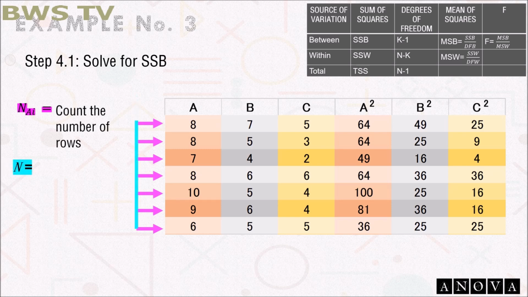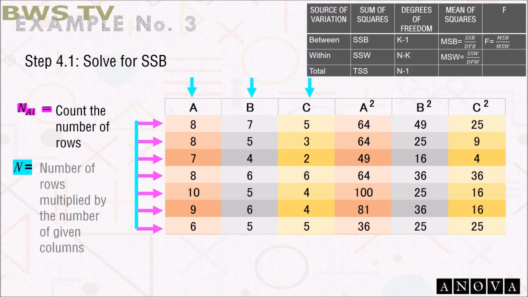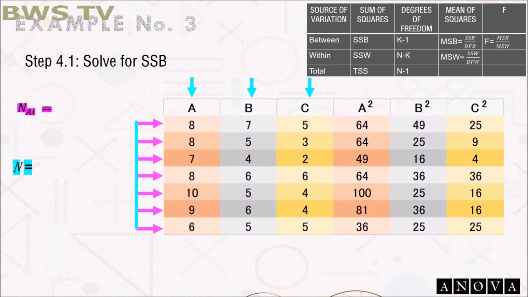While n will be the number of rows, which is 7, multiplied by the given number of columns, excluding the ones you've just added, which is A, B, and C. And here you'll get 7 for n sub ai, and for n, 7 times 3, 21.